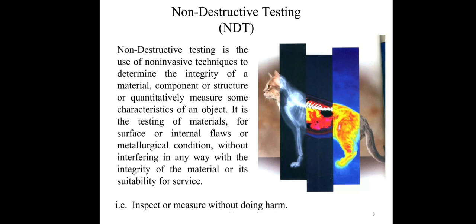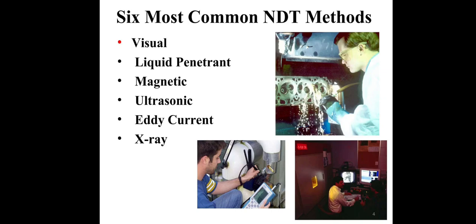That is, inspect or measure without doing harm. The six most common NDT methods are visual, liquid penetrant, magnetic, ultrasonic, eddy current and X-ray.